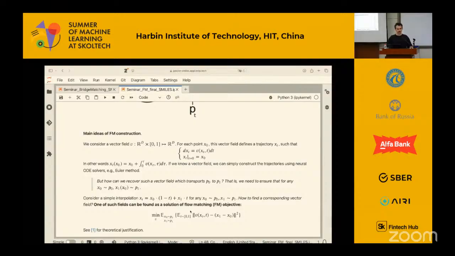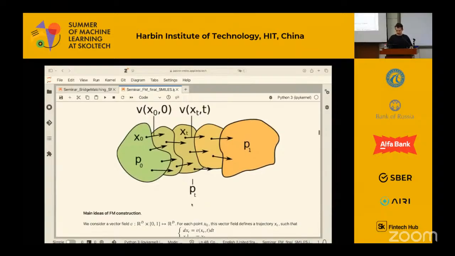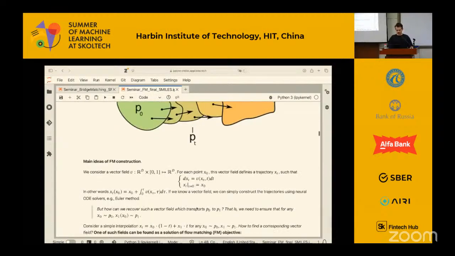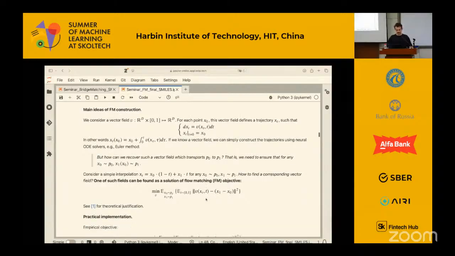This interpolation defines a sequence of distributions between distribution P0 and P1, numbered by a continuous time t. When we have this sequence Pt of distributions, we can learn flow matching to generate from these distributions altogether. How do we do it? By regressing the difference between x1 and x0.